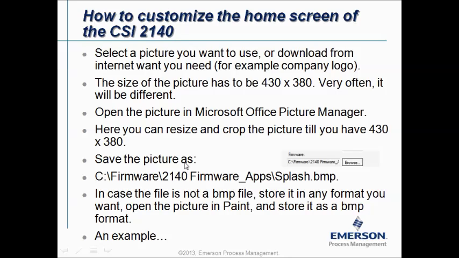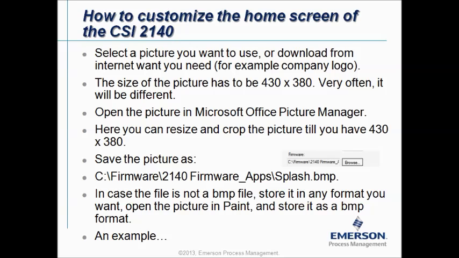Then you have to save the picture with the name splash.bmp, and it has to be in the folder that you have specified here in the firmware. So in my example it's C:\firmware\2140 firmware\apps\splash.bmp. In case your image was not in a BMP format, for example a JPEG format, you can open it first in Paint and store or convert it there as a BMP file, and then continue the procedure.